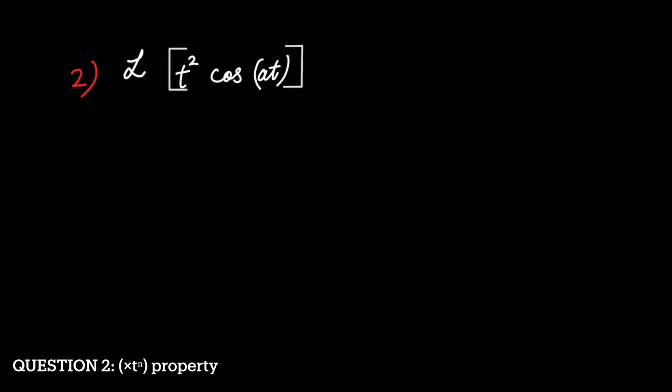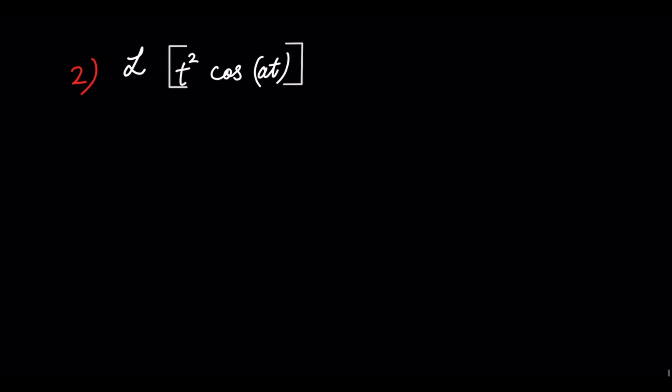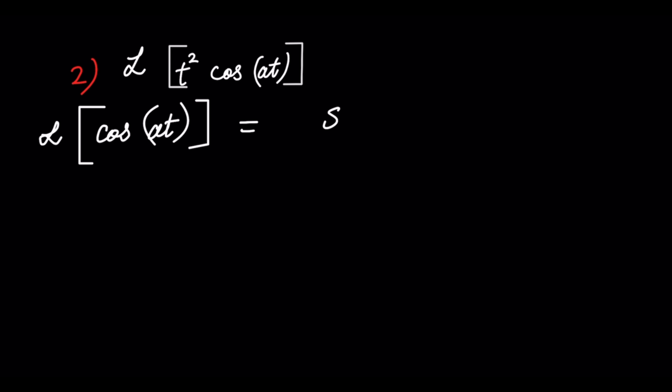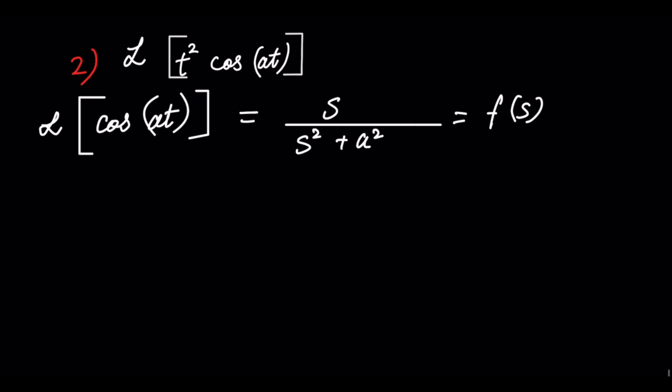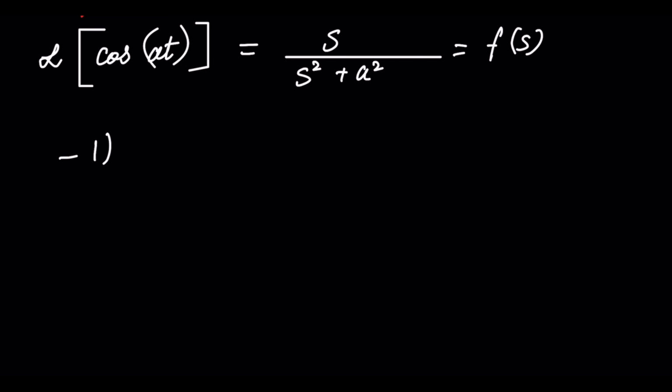In this example, we will first find the Laplace transform of cos at, and then apply the multiplication with t power n property. So let's do that. Applying the multiplication with t power n property.